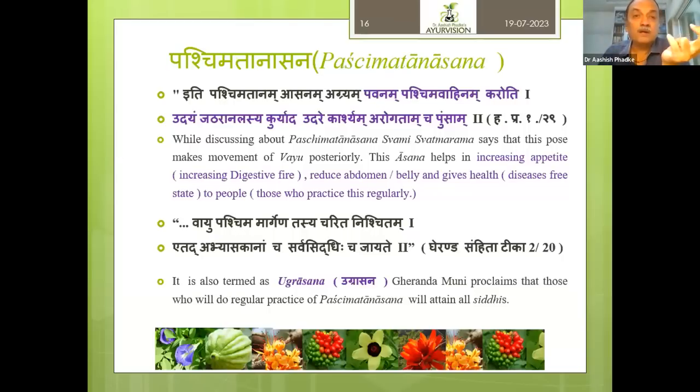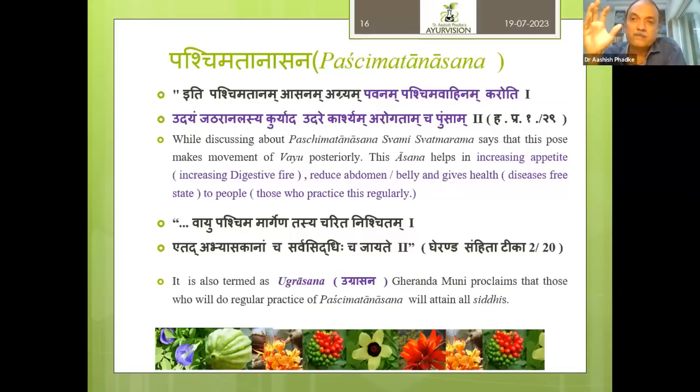And udayam jatharanalasya kuryat, udare karsham api bhavati. So what happens because of this posture? When there is flexion, the torso tries to touch the head and the fingers try to touch the big toes, then jatara anala, that is jatara agni. Jatara agni is a concept in Ayurveda which is considered as one of the main agni.